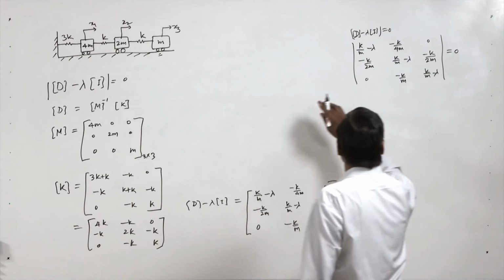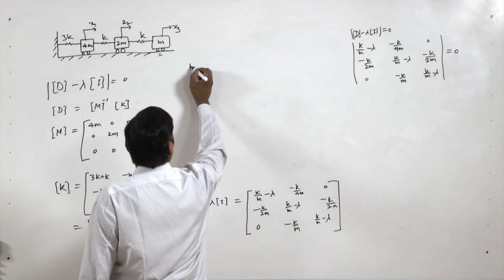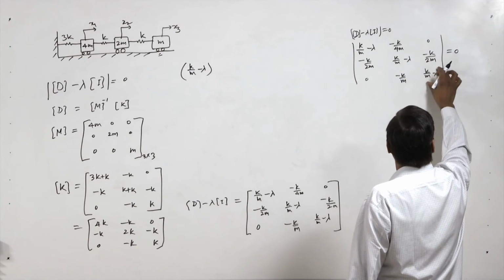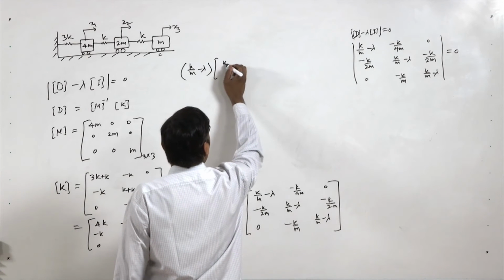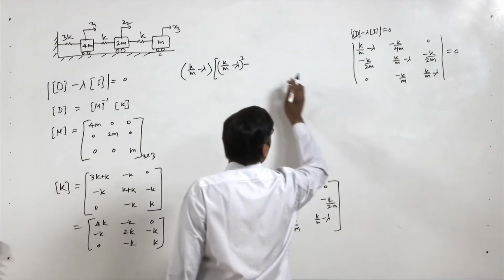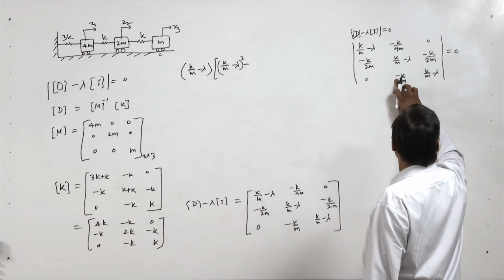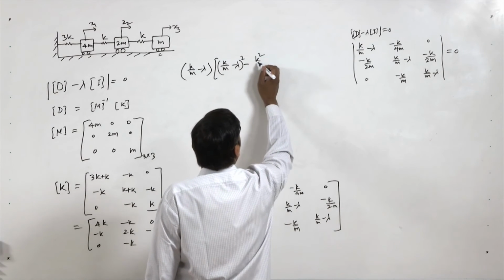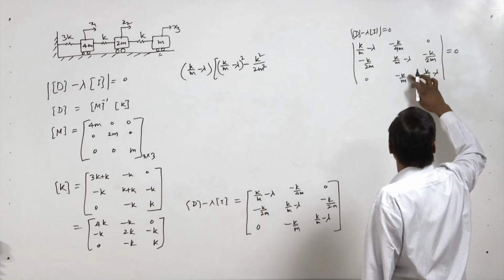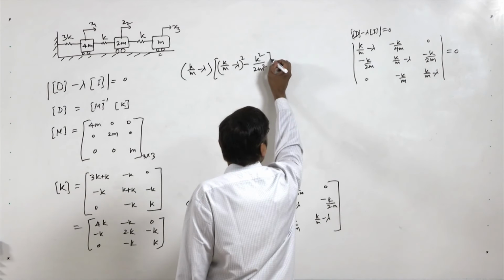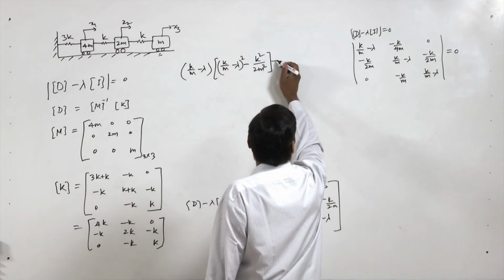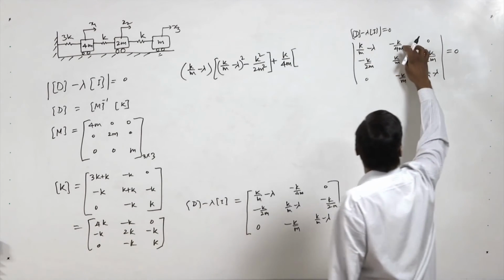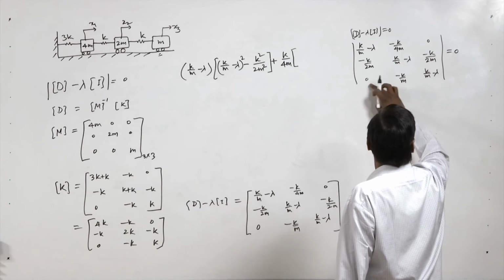So now we have to solve this determinant. We take the first element, K by M minus lambda, times K by M minus lambda squared minus, the product of minus K by 2M and minus K by M, where minus minus gives plus, so K squared by 2M squared. Then for the next term, minus K by 4M, so it is K by 4M, and we take this element with this, and this is 0, so there will be no such term.